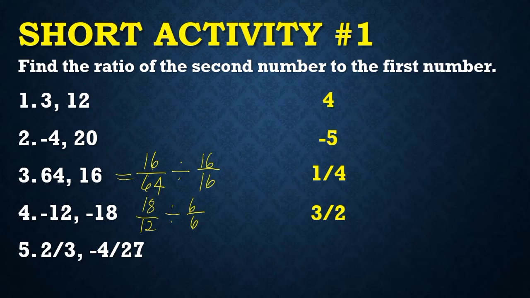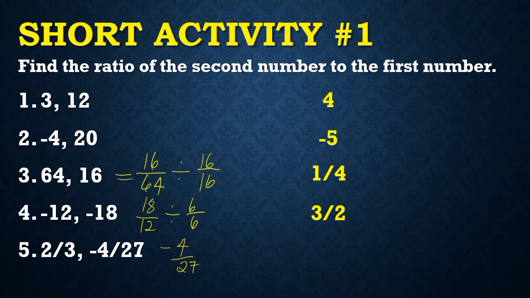Next, for our last given, 2/3 and then negative 4 over 27. Ang gagawin natin dito, negative 4 over 27, and then i-divide natin siya sa first number, which is 2/3. Magpo-proceed tayo sa multiplication, and then kukunin natin yung reciprocal.